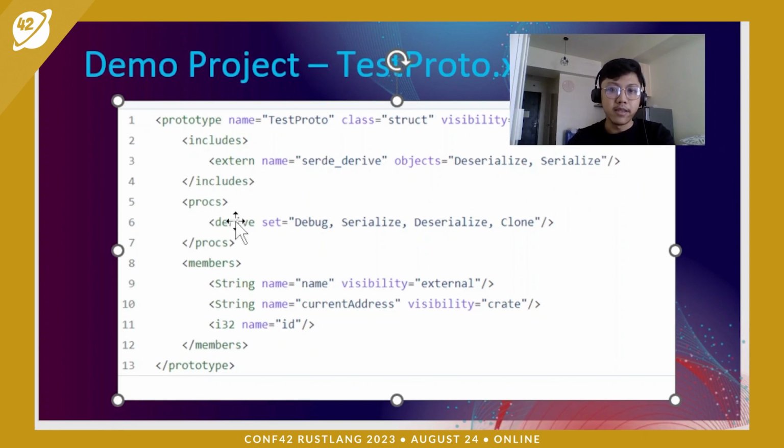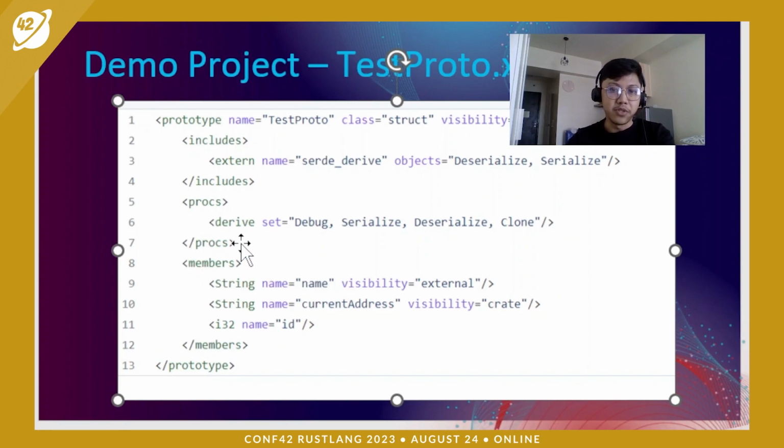Next, after includes, we can also define procs. I define here procs, procedural macros, using derive as our XML element. And then inside derive, we can define a lot of traits, for example, debug, serialize, deserialize, and so on.